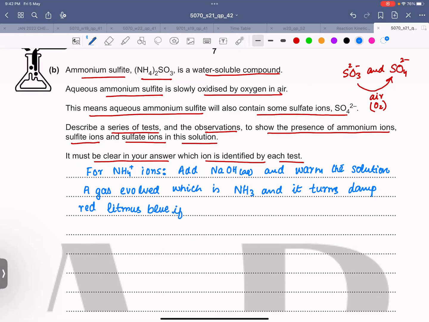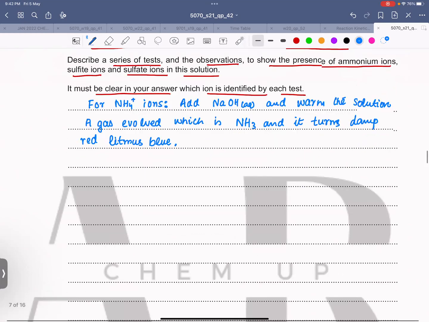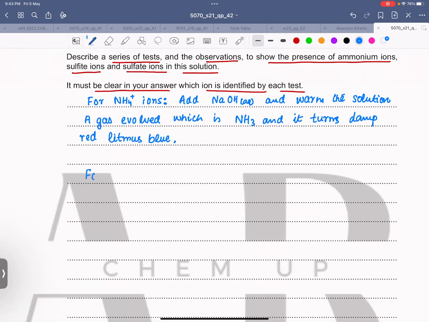Further, you mention that if ammonium is present, there is ammonium. So no, there is no need, because we know that there is ammonium. Now, for sulfite ions, add acid and warm the solution.